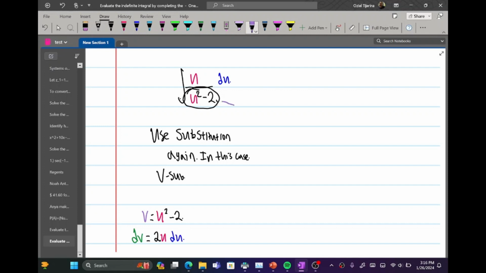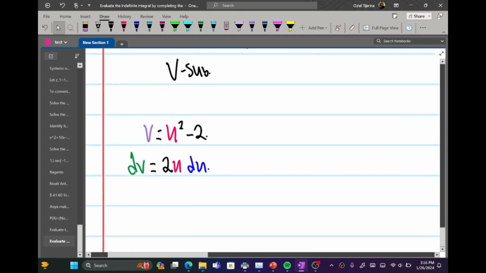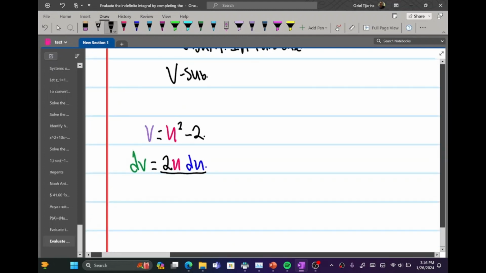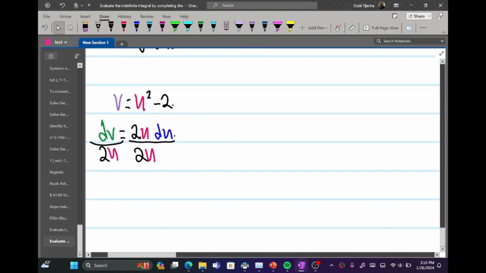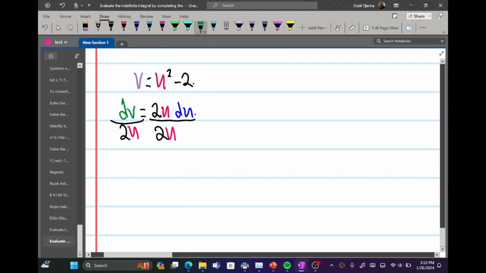So this will be v, and then when I solve for du here, I'm going to solve for du algebraically, so I'm going to divide by 2u on each side. If you hear an airplane in the background, I apologize. So it's going to be dv over 2u, and there's a reason why I'm color coding so much, is equal to du.